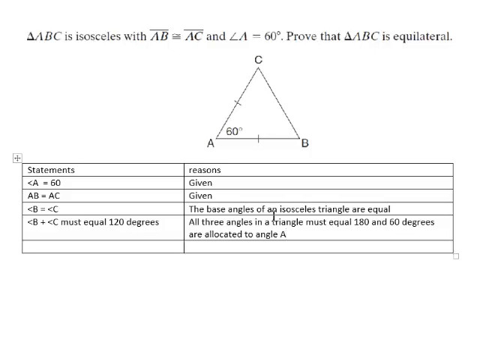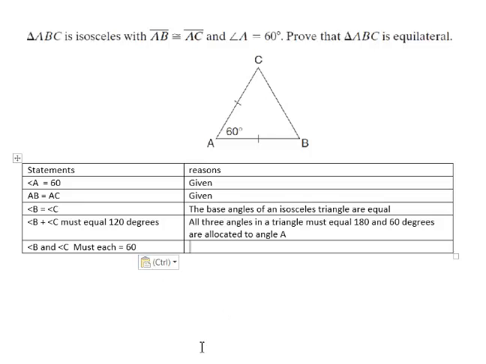Okay. So now, because B and C are equal and they have to equal 120, I'll say angle B and angle C must each equal 60. Whoops. Put that as the statement over here.